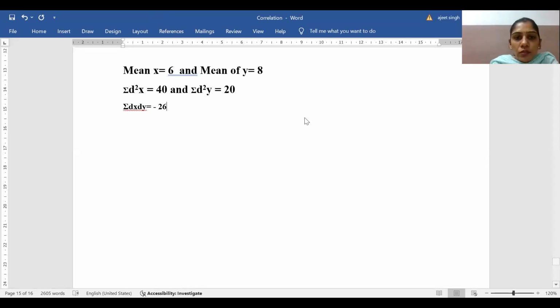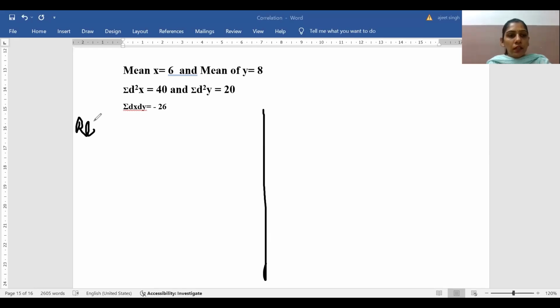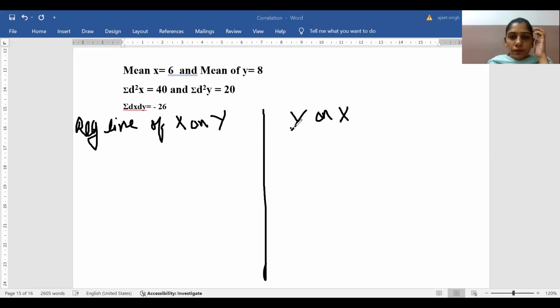Let me draw a line here so that we can calculate the regression line of x on y and y on x. So let's first calculate the regression line for x on y.